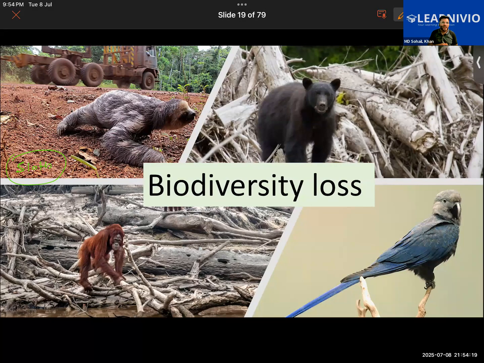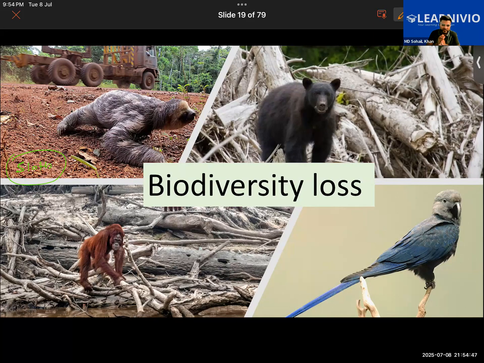So why do animals have to wander into urban areas sometimes? Such news is becoming a bit more common nowadays. We get to hear that a lion or some animal entered the urban areas, into the house of the people. They are doing so because their habitat is being destroyed, so they are left with nowhere to go.